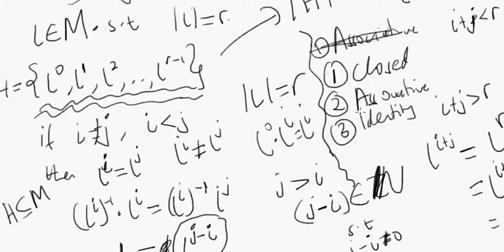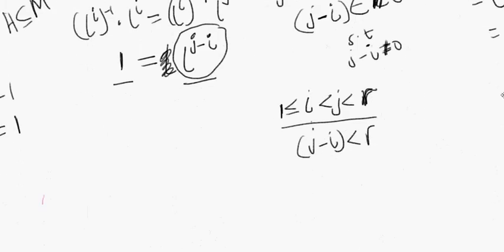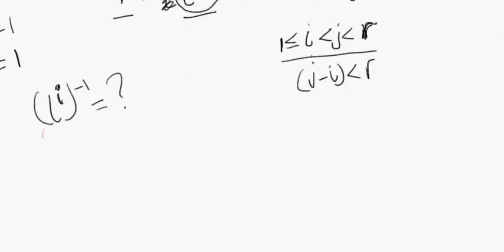Do we have inverses? Well, let's check that out. What's L to the I inverse, right? If we pick some I in H, what's L to the I inverse? What does it mean to find the inverse? Aren't we looking for a number such that when we multiply it by L to the I, we get the identity back?